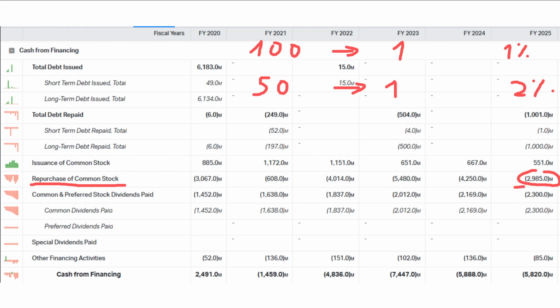What else? They are paying dividends, more than 2 billion of dividends paid out, but of course per share that's around 2-3%, so it's nothing super amazing.